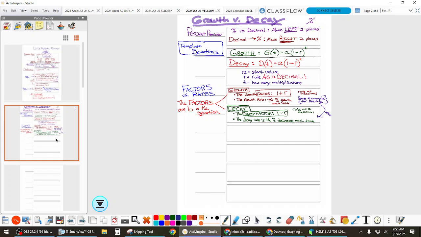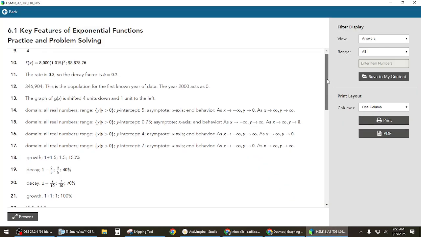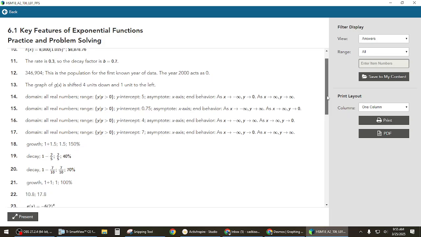Let's check your homework, the classwork homework. Number 12 asked you for the y-intercept, which was just looking at a in the function rule, the 346,000 number. That was the y-intercept, just the first initial value. Number 24.